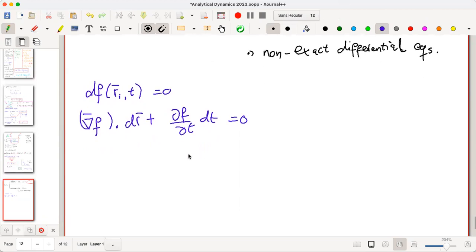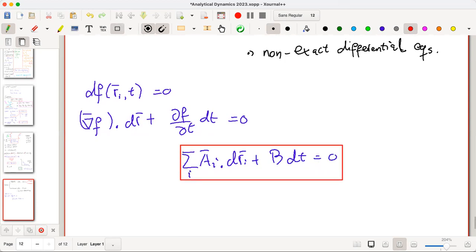So in general, a holonomic or non-holonomic constraint can always be written like this: sum of a_i dr_i plus b dt is equal to 0. This expression is what we call the Pfaffian form of constraint.